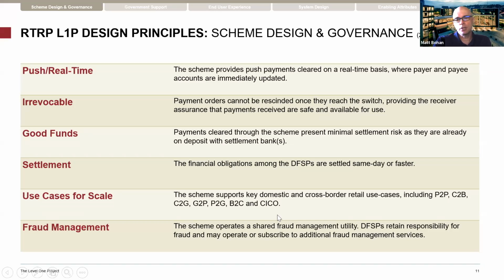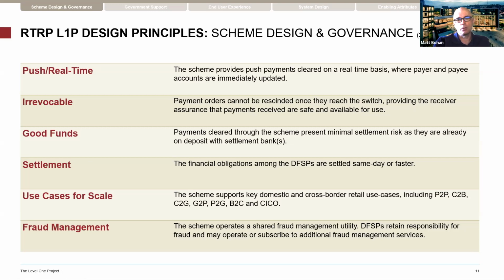Use cases for scale, right? So this has to enable use cases beyond just P2P. We think merchant payments are critical. Consumer to government, government to people, so bulk payments out for social benefit programs, employer wages, and the like, and then importantly, cash in, cash out services.